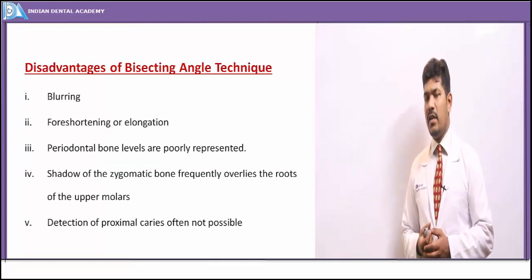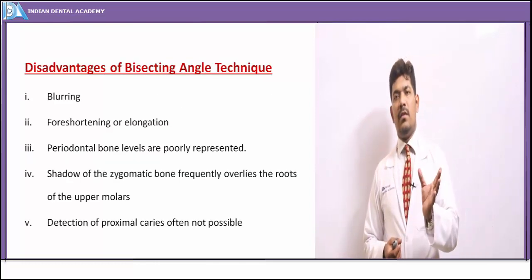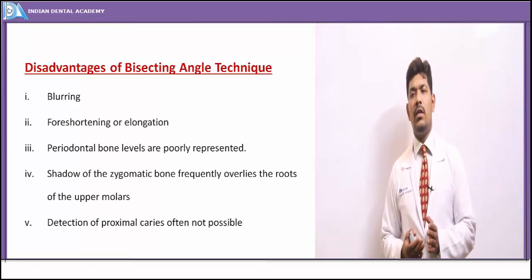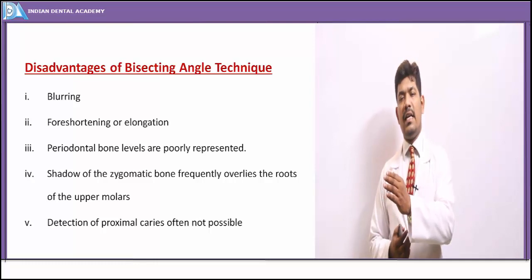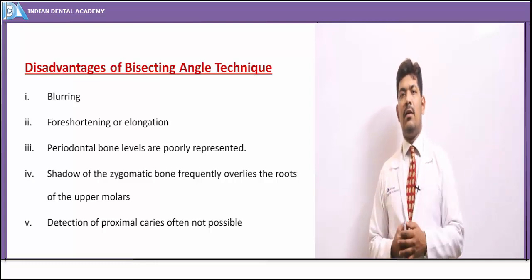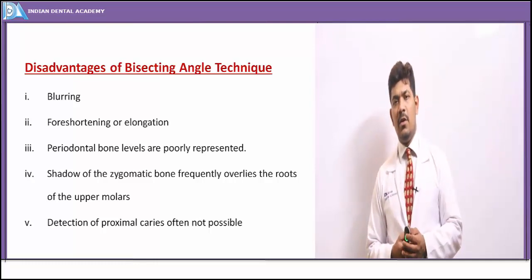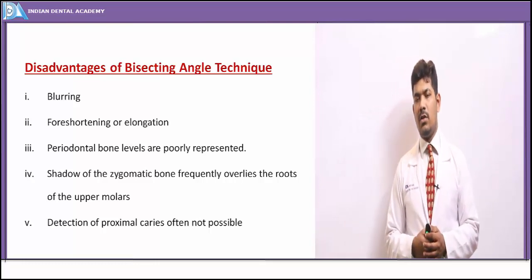Now what are the disadvantages? As long as we follow Cieszynski's rule of isometry and exactly replicate the geometry while taking an X-ray image, we won't have any geometric distortion or blurring.